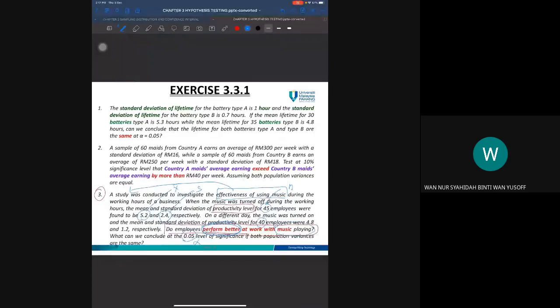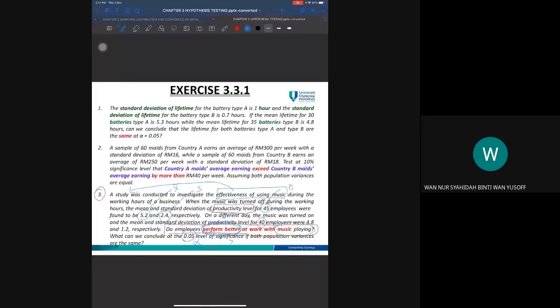Why is it greater than in this case? Last time we discussed that perform better is not necessarily greater than. It depends on something. In this case, it is correct, it is greater than, because of the productivity level, because of your variable.